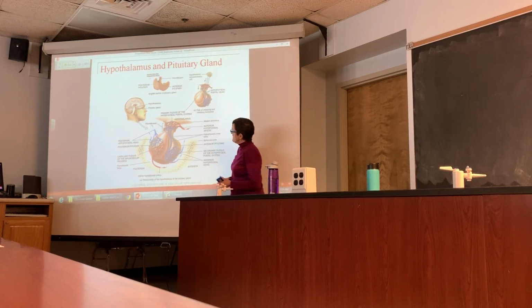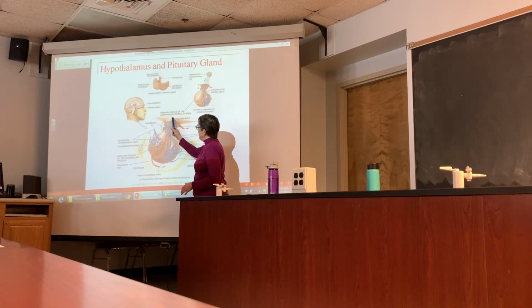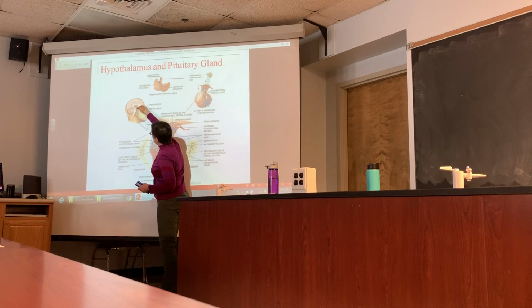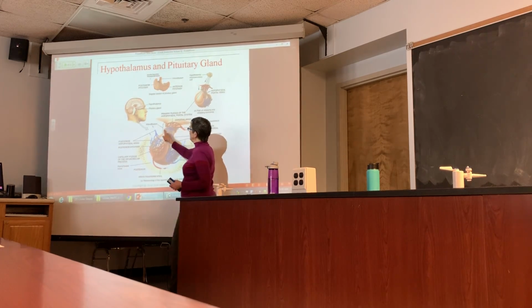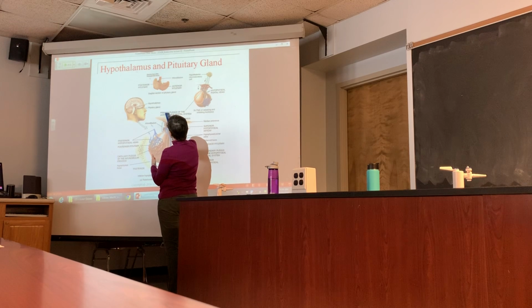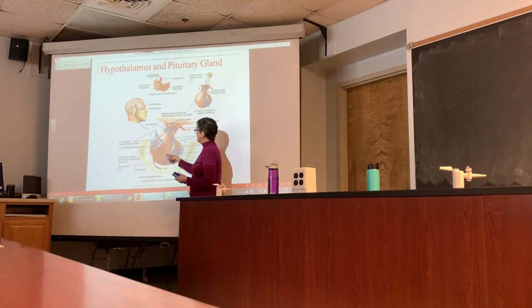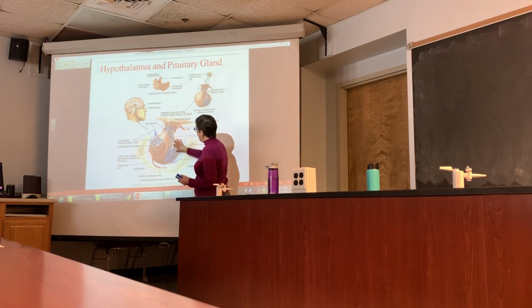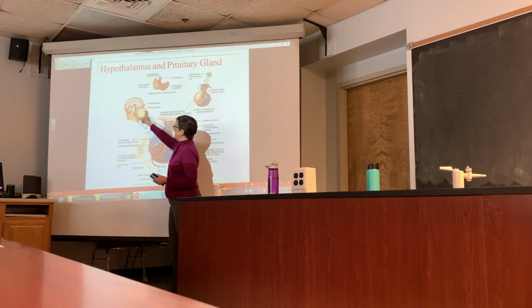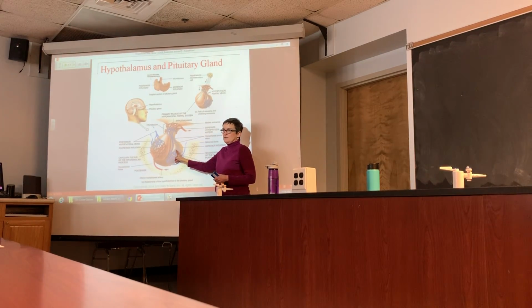So here is the base of the hypothalamus, which is right here. And then here's the infundibulum, which is the little stalk that connects the hypothalamus to the pituitary. And then you have here the anterior lobe and posterior lobe. You can see the person's facing this way, so this is the anterior lobe.